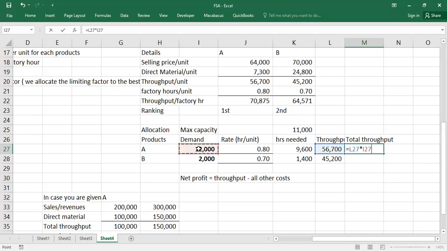So for A, it is only 12,000. For B, I'm still saying throughput per unit times the number of units of B that I produced, which were 2,000.